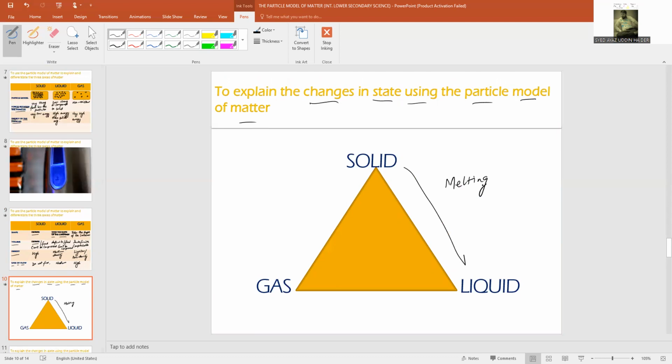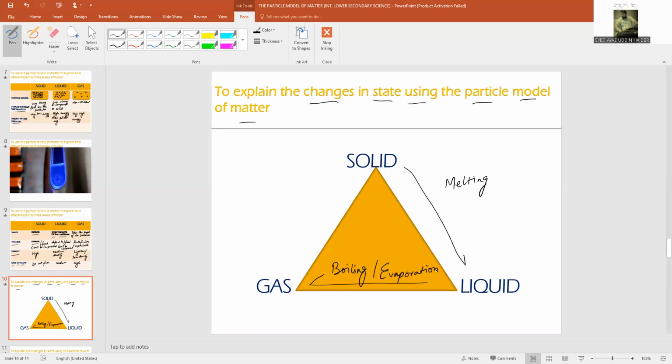When you heat the liquid, it will change to gas state. We call it boiling, and the temperature at which this process takes place is known as boiling point. Sometimes we also use evaporation or vaporization for the change of liquid into gas state.